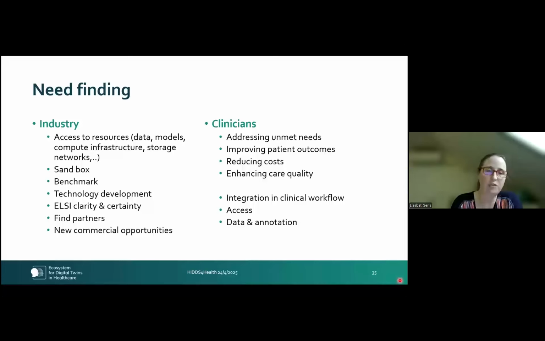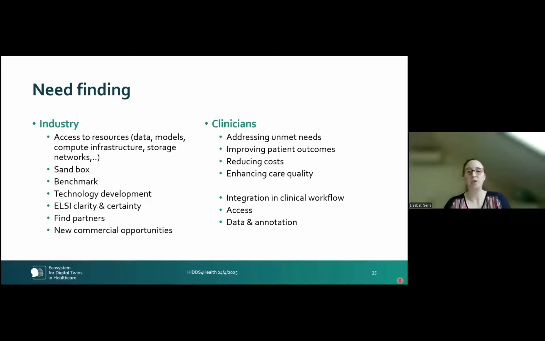So access to resources, use it as a sandbox, as a benchmark, to benefit from technologies that were developed because of the VHT platform that they could then also use. The provision of clarity and certainty on the ethical, legal, and social issues. And then they could use this also to find partners and to find new commercial opportunities.